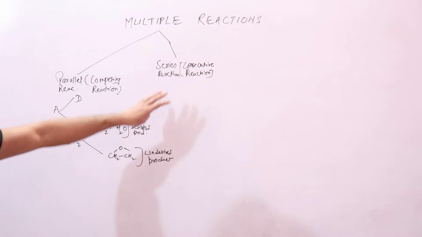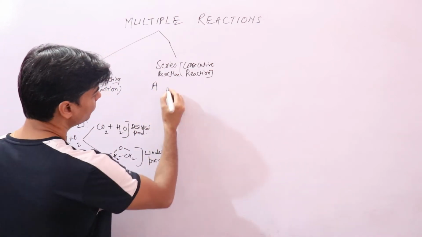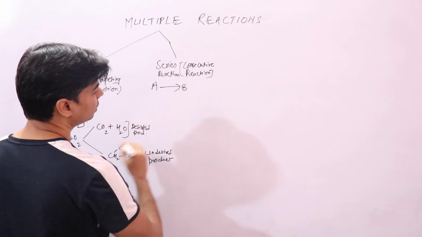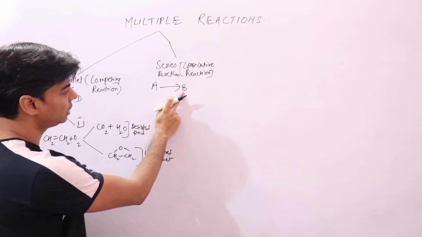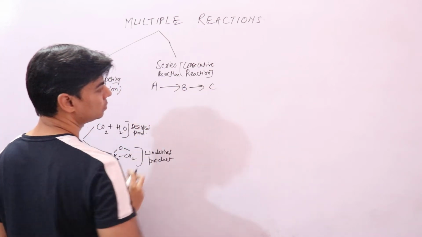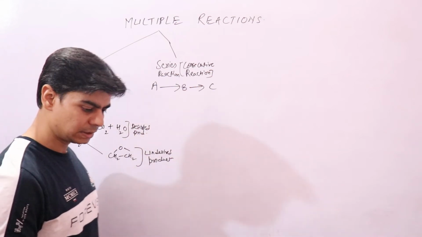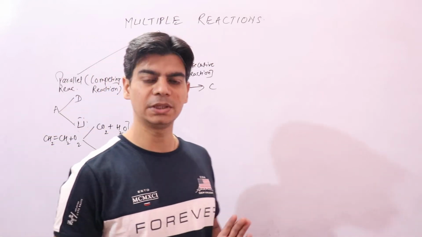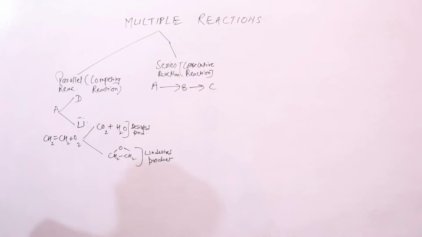Now let's understand what this is. Suppose you have a reactant A, it's forming product B, right? Now this product B will further react with the reactant to give you product C, right? So here basically you need to stop this reaction at a certain stage. We'll take an example and that will help you to understand it.